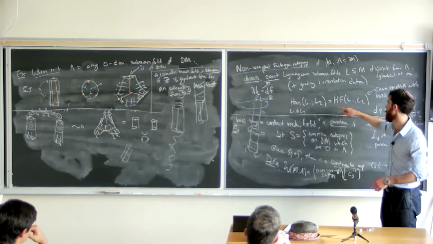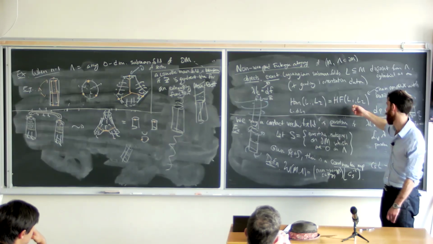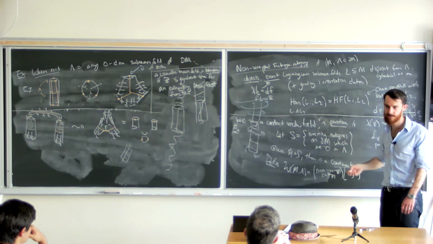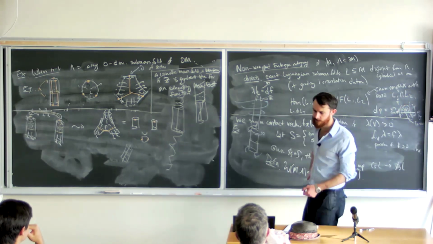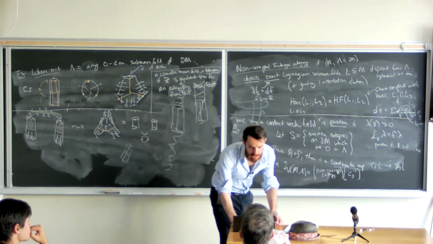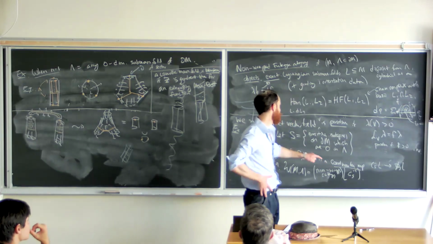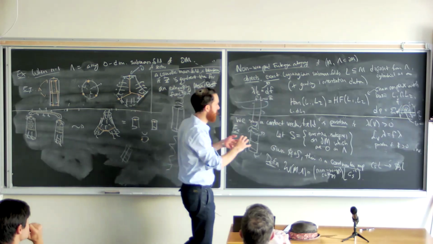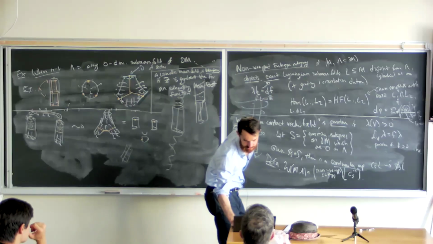And already in my original category, a compactly supported Hamiltonian isotopy didn't change my object up to isomorphism, for reasons I said before: it doesn't change the Floer cohomology, meaning the continuation map is already invertible. The thing about inverting these continuation maps is really for isotopies at infinity. For compactly supported Hamiltonian isotopies, nothing was really changing.